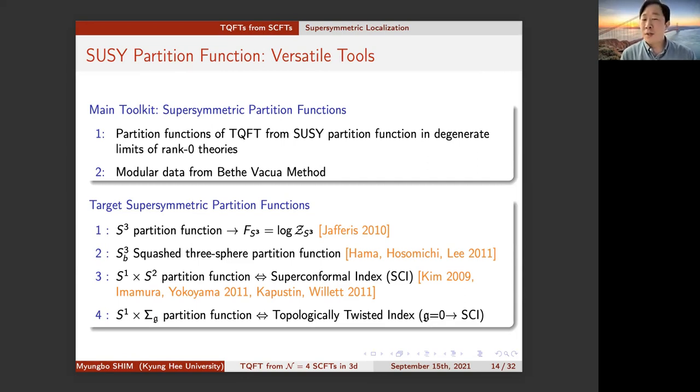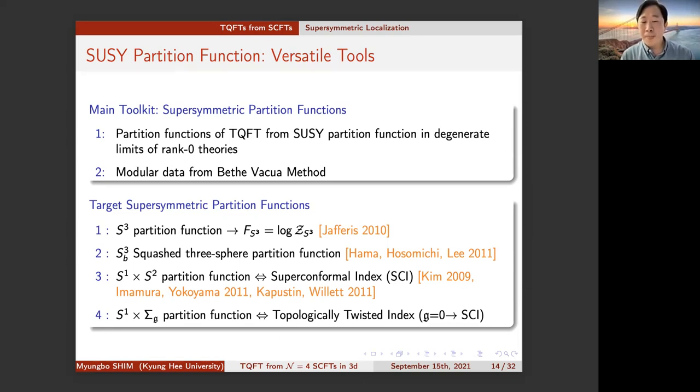Our target supersymmetric partition functions are the S3 partition function to obtain the three-sphere free energy, and the squashed three-sphere partition function to use the Bethe-Vacua method. And to check the hint of topological field theory, we compute the S1 times S2 partition function as a superconformal index.